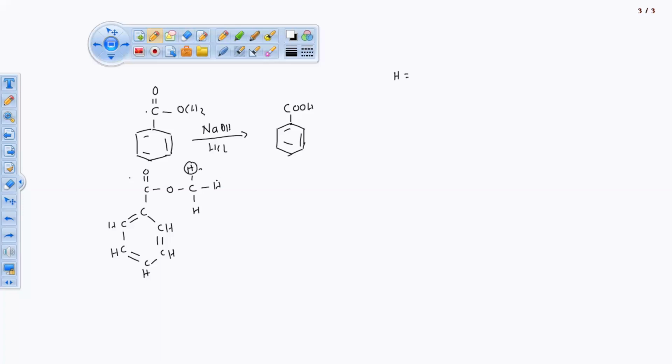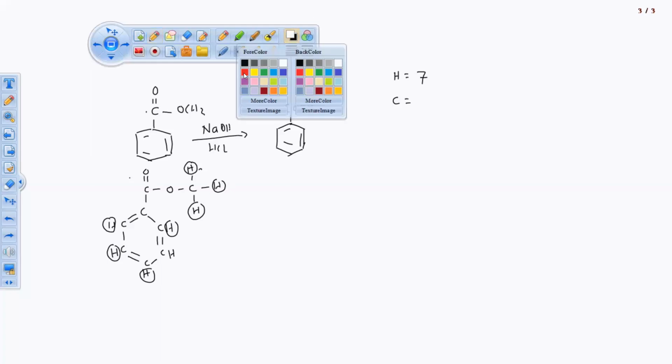1, 2, 3 protons. 4, 5, 6, 7. How many H are there? 7. How many carbon atoms are there in this molecule? I will do it in red.